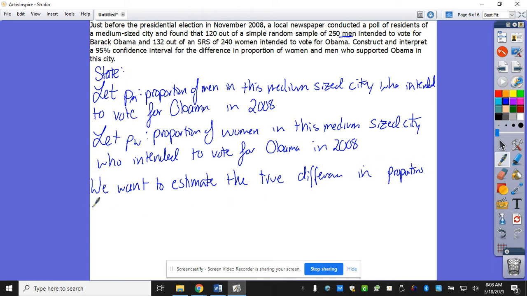So I specify my direction here. I don't really have a motivation to go one way or the other at this point, so I just have to specify to keep it the same. Since I wrote M first and W second, I'm just going to go ahead and do it that way. There's nothing in this problem that would make me want to say one way or the other. So I want to estimate the true difference in proportions, PM minus PW.